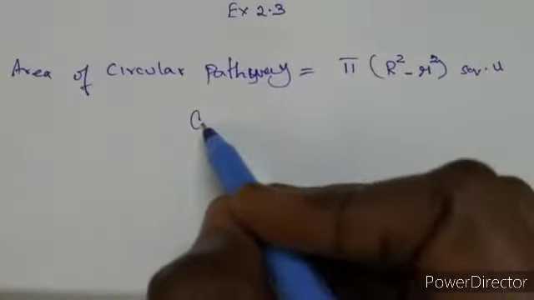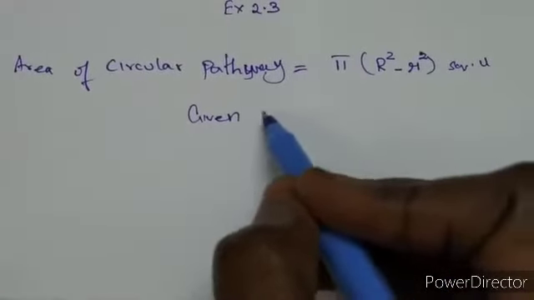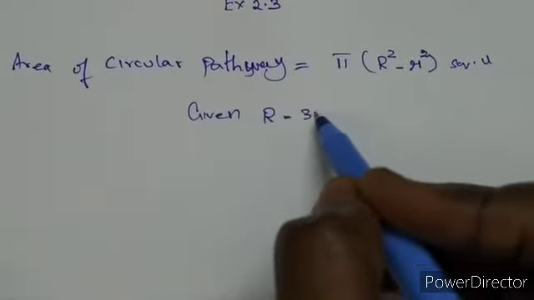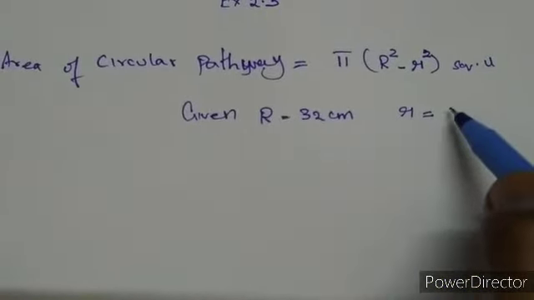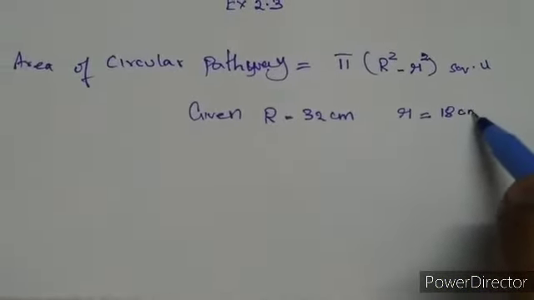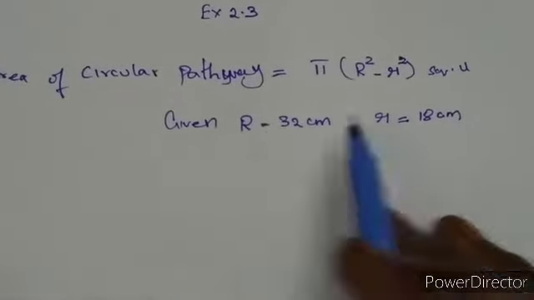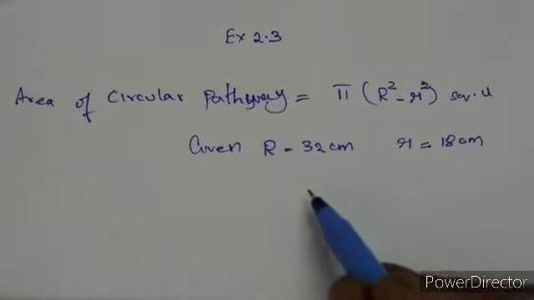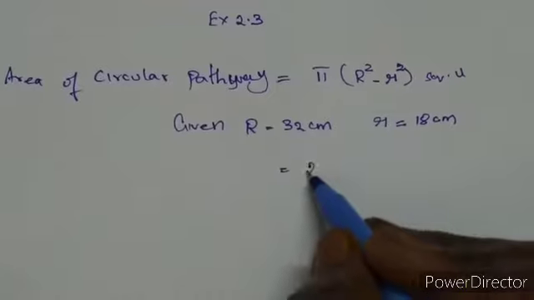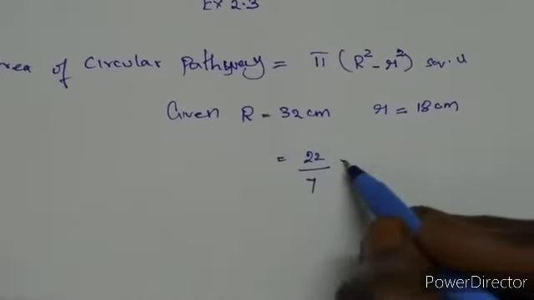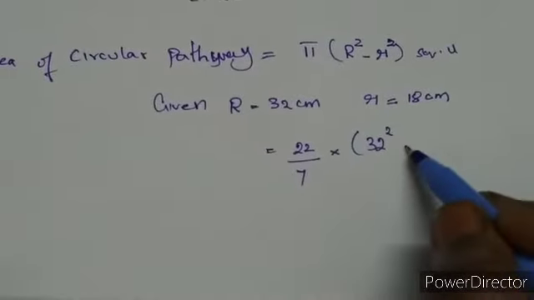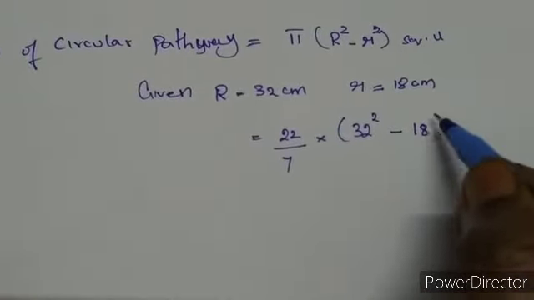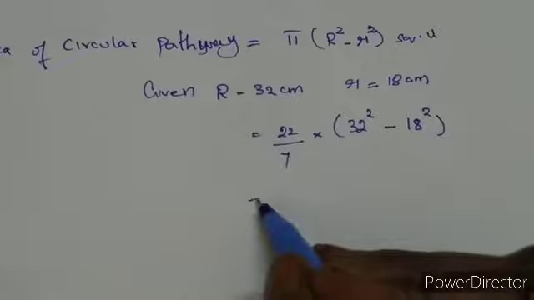Now, in the given question, the outer radius is 32 centimeter and the inner radius is 18 centimeter. Let's substitute these two values in the given formula. Pi value is 22 by 7 into 32 square minus 18 square.